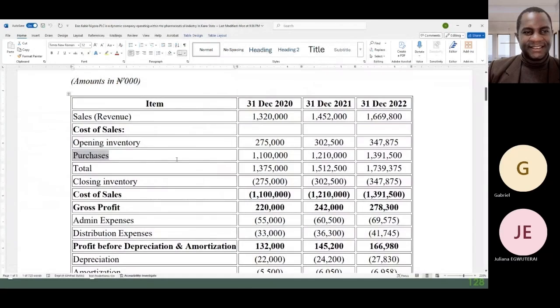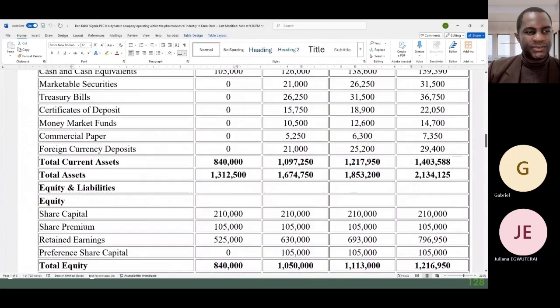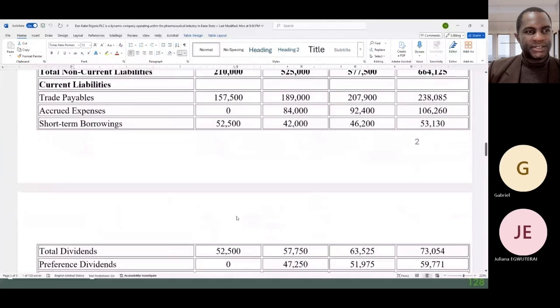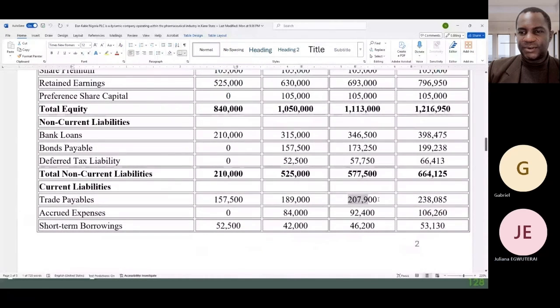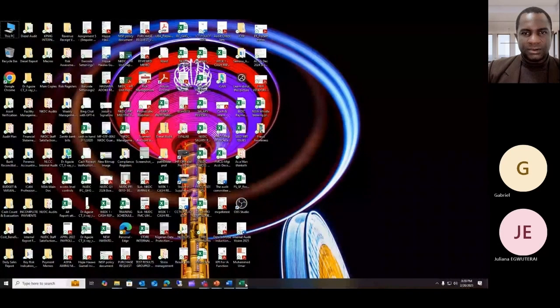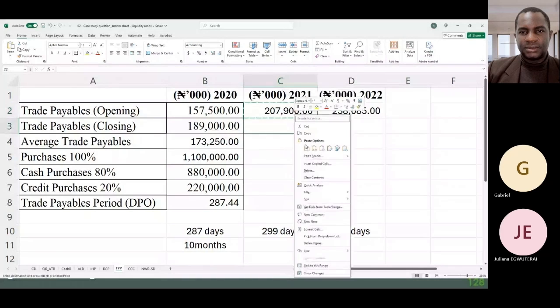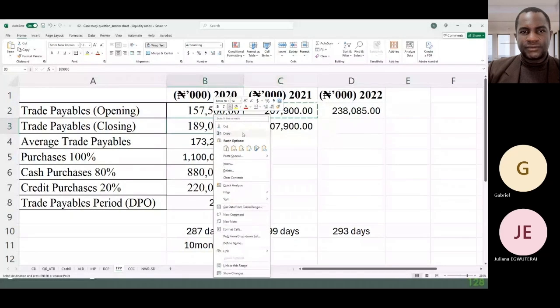Okay, all right, so let's validate Julie's figures. Thank you, Julie. That was so fast. So let me pick the trade payables for this month and take the average. Wow, you're really fast in calculating the average. So this will come as the second, and this will come as the first.